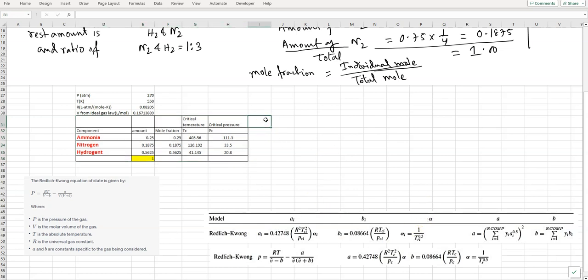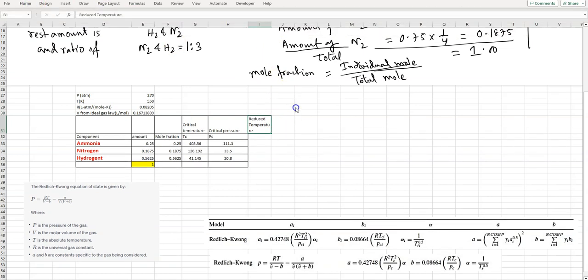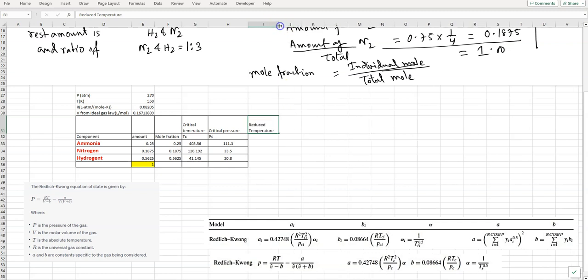So first calculate TR, the reduced temperature. Reduced temperature TR is nothing but T by Tc.